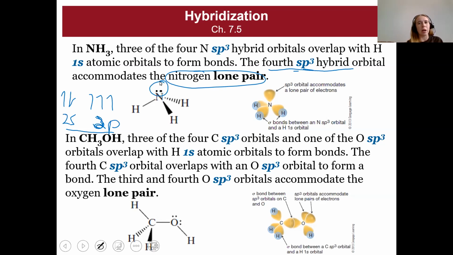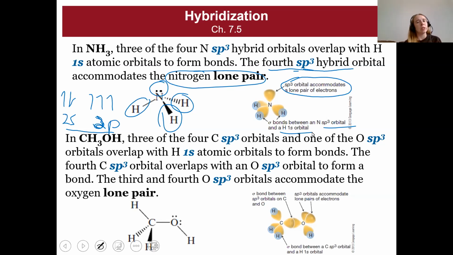The other sp3 hybrid orbitals are the ones that are going to overlap with the hydrogen 1s orbitals to form these bonds. So one sp3 orbital accommodates the lone pair of electrons, and then the other sp3 orbitals bond with the hydrogen 1s orbitals.